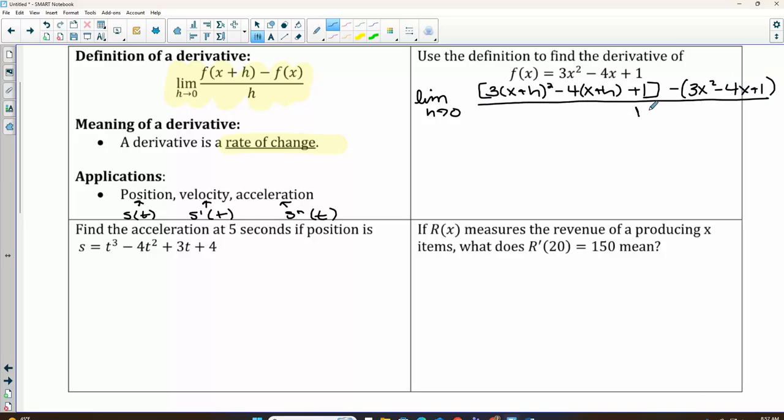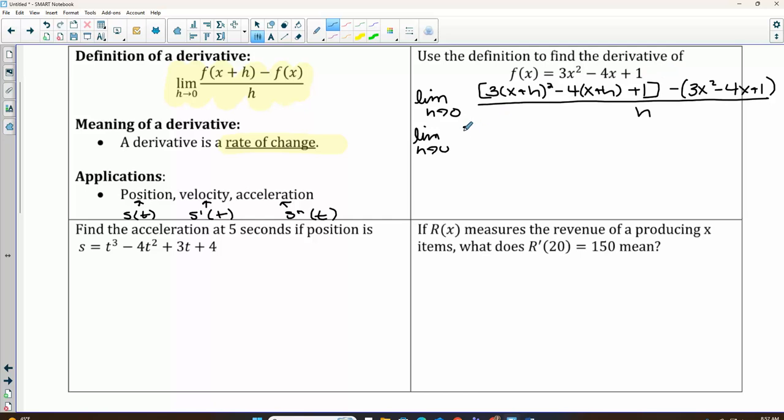All over h. Okay, f of x plus h squared. So can I square that and distribute my 3 at the same time? We know x plus h squared, we've seen it many times, you have to FOIL.